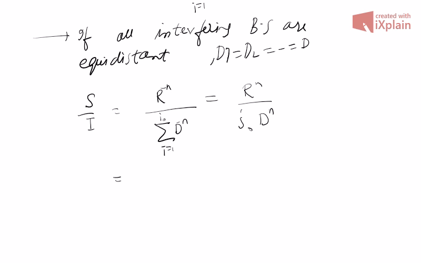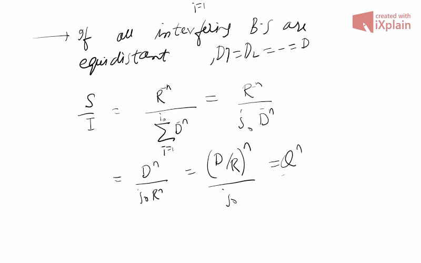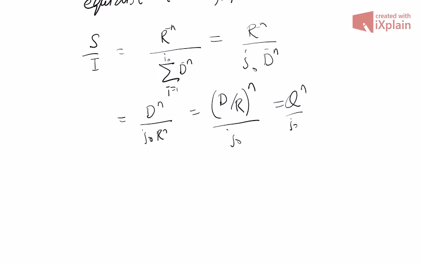So this can be written as D to the power n divided by I naught R to the power n, which is D by R to the power n divided by I naught. This actually is Q, or D by R is also equal to root 3n to the power 1 by n.